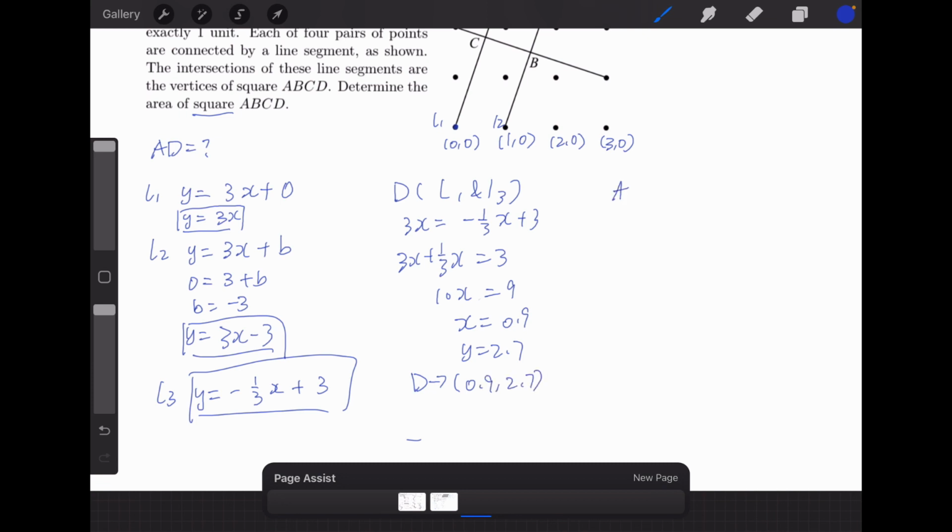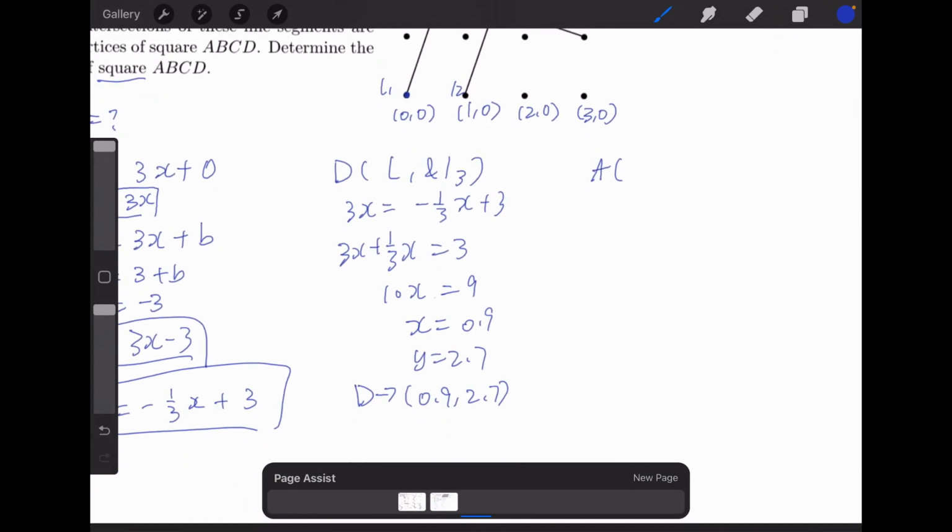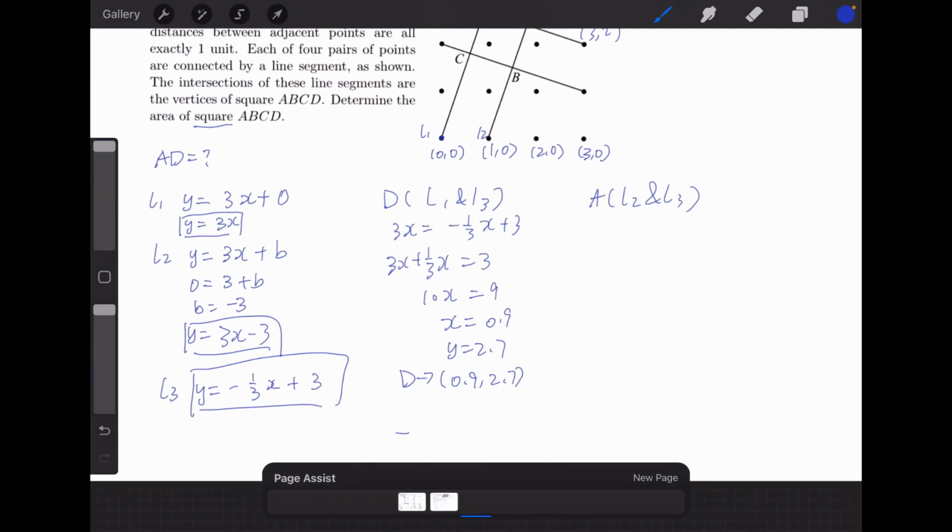For point A, because it's the intersection of line 3 and line 2, we set the equations of line 2 and line 3 equal. 3x minus 3 equals -1/3 x plus 3, which gives us 3x plus 1/3 x equals 6, so 10x equals 18, and x equals 1.8.